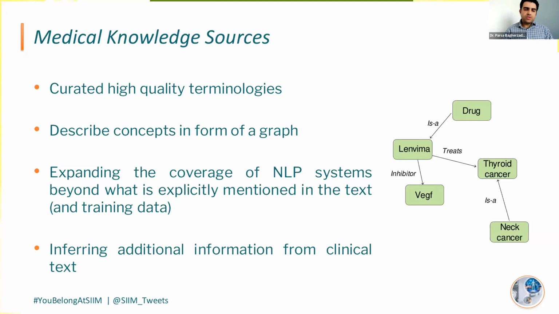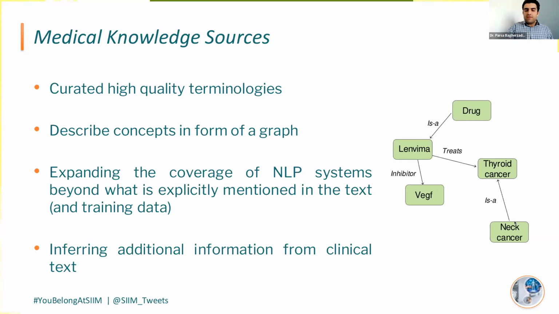Usually these knowledge sources describe terms in a domain of interest, here the medical domain, using some sort of graph, where each node represents a term, and each arc represents a relation. For instance, Lenvima is a drug that treats thyroid cancer, which is also an inhibitor of VEGF, and thyroid cancer is neck cancer.